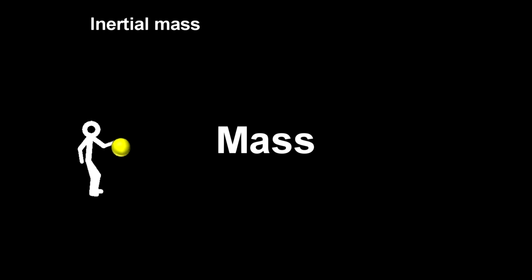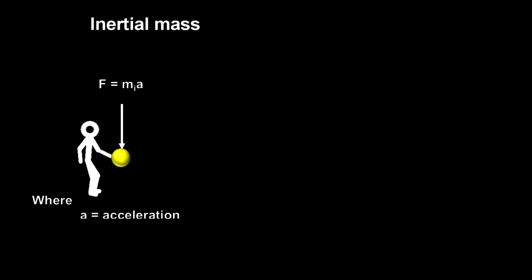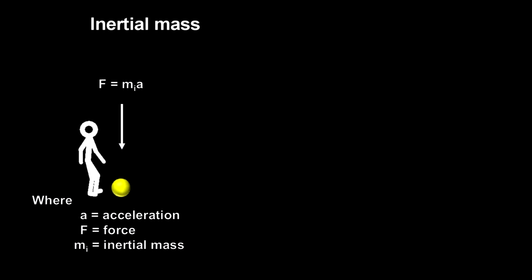One of the motivations for the equivalence principle was the long-standing problem with Isaac Newton's classical physics when it comes to mass. Newton defined two kinds. One was inertial mass. Inertial mass was defined by how much force it took to accelerate an object. It is described by the force equals mass times acceleration formula.